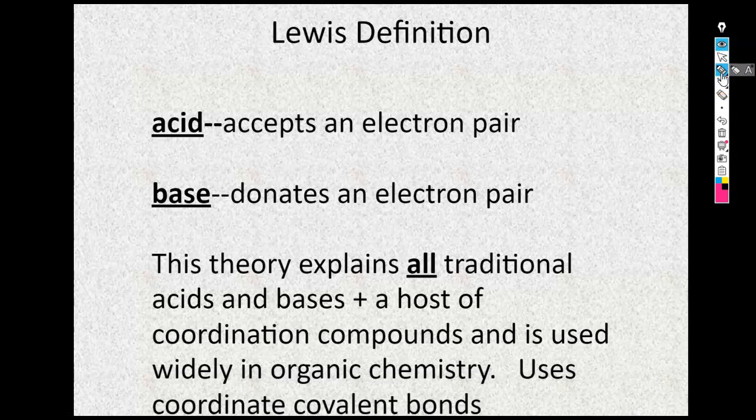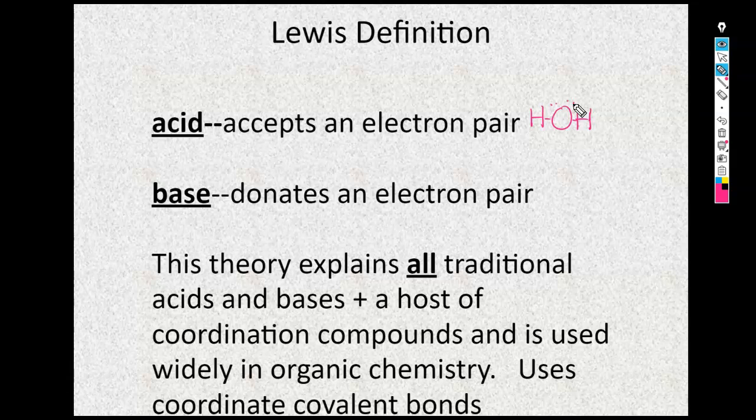By that we mean that there is a, I'm just trying to draw water. There's our water, and it has lone pairs right here. So accepting an electron pair would mean that it would be accepting a pair of electrons added to it, while a base would donate an electron pair.